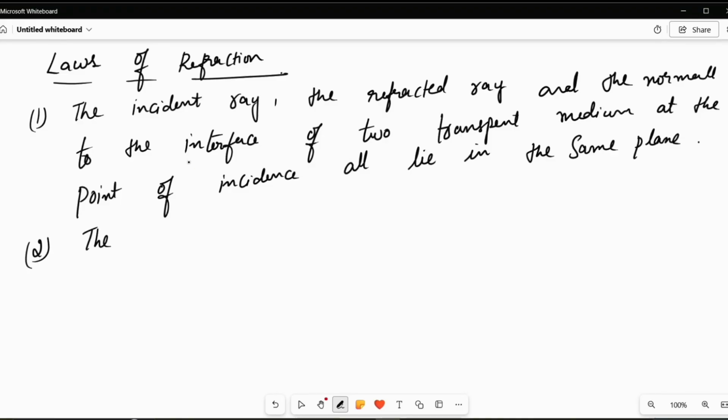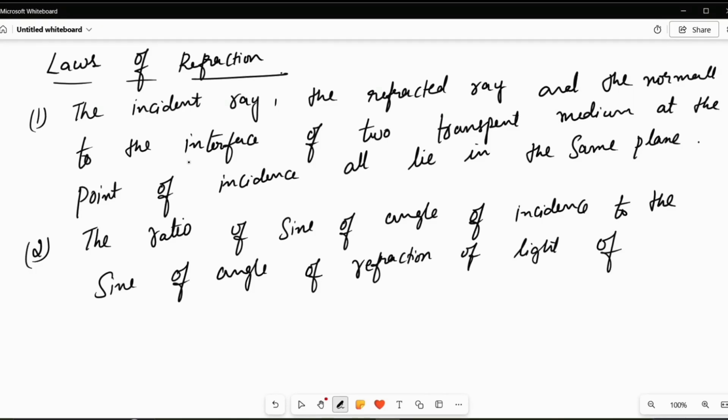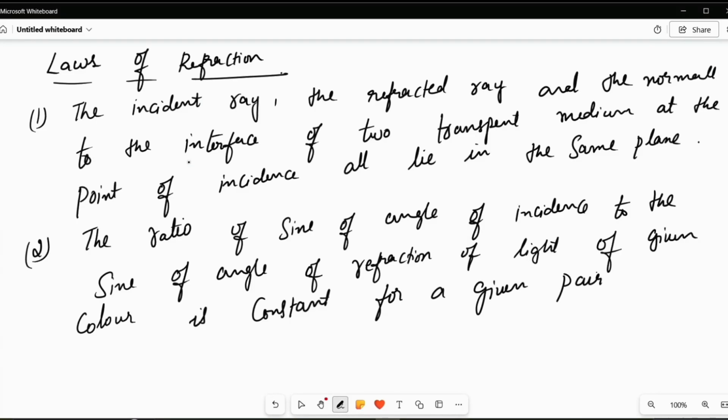Second one: the ratio of the sine of the angle of incidence to the sine of the angle of refraction, of light of a given color, is constant for a given pair of media.